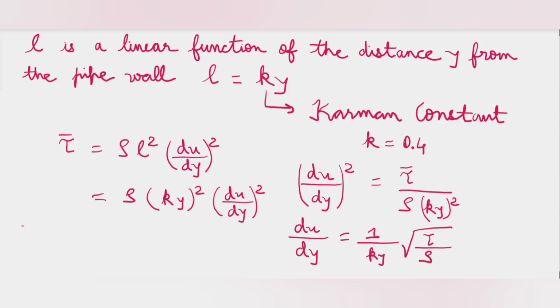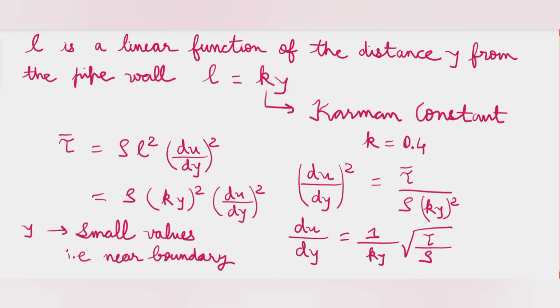Now when we consider shear stress near the pipe boundary, the values of y will be small near the pipe boundary. Therefore, Prandtl had assumed that the shear stress will be constant and it will be denoted by tau naught. So du by dy is equal to 1 upon ky under root of tau naught by rho.